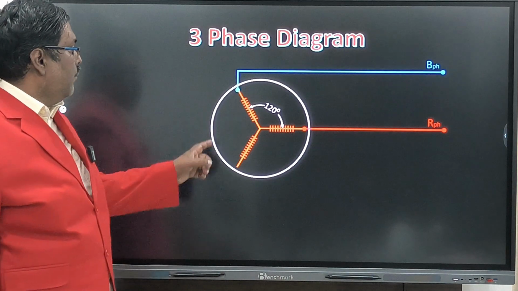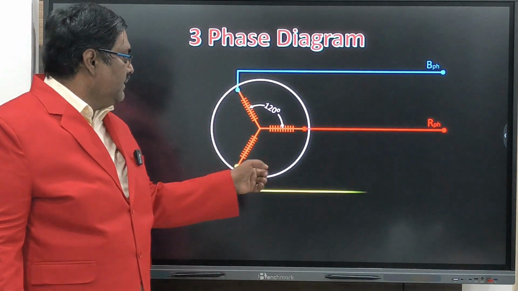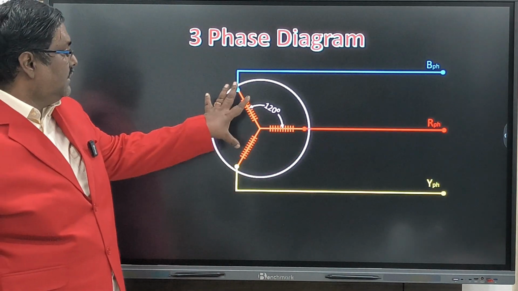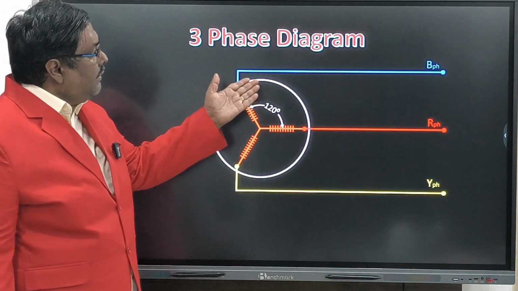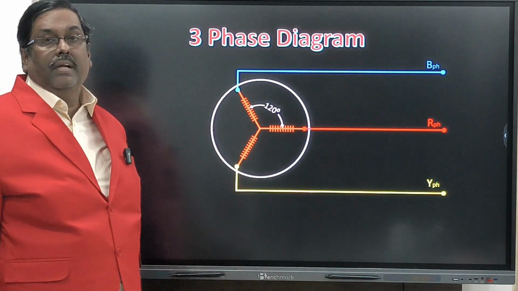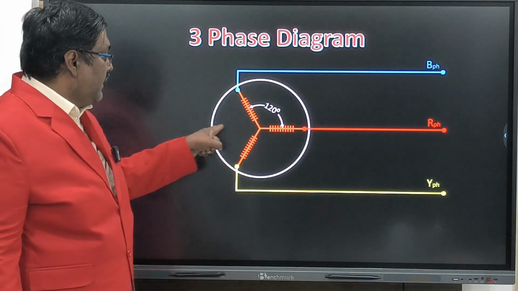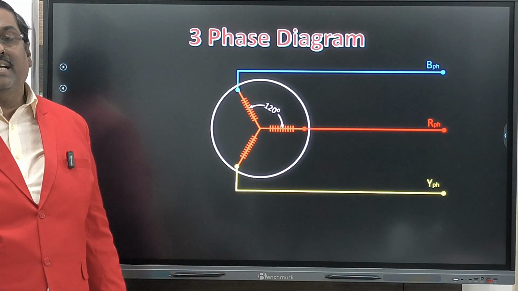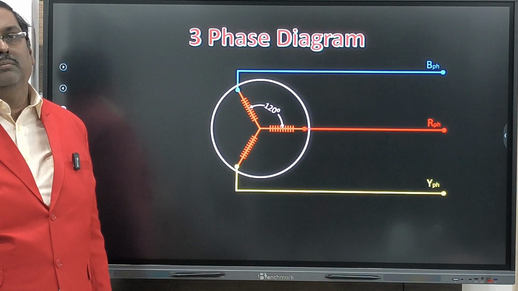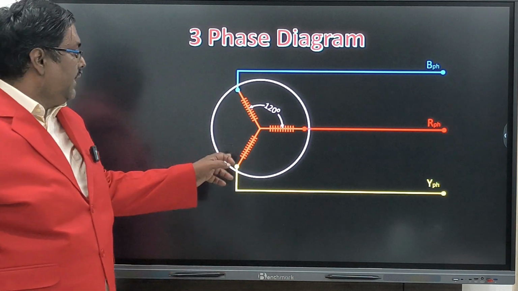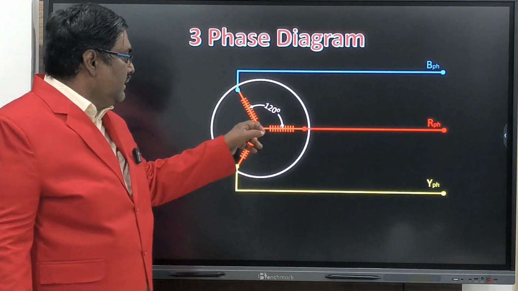Okay, so now I am going to draw all three phases out. So this is the alternator, and we are going to produce three phases out. But we can take one more line from the center. The center line will always be 0 volt. The reason is all three are connected together at the same point.